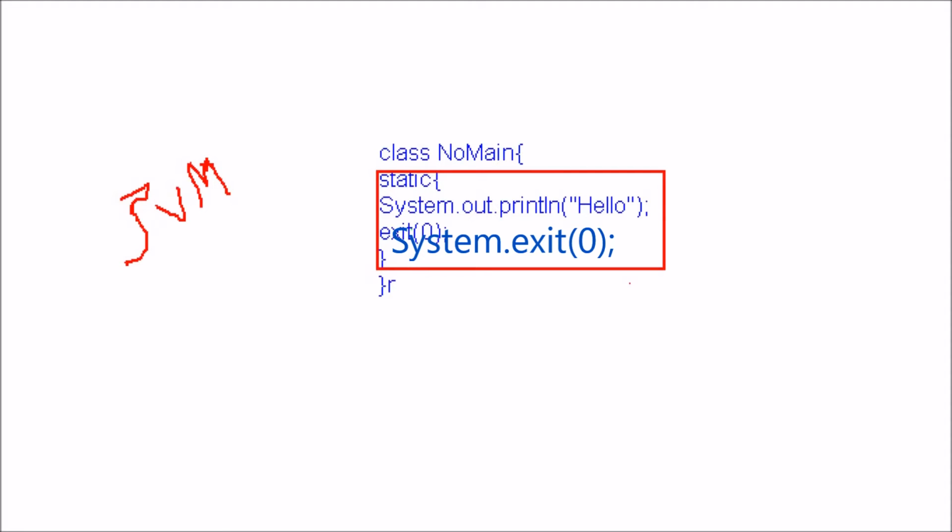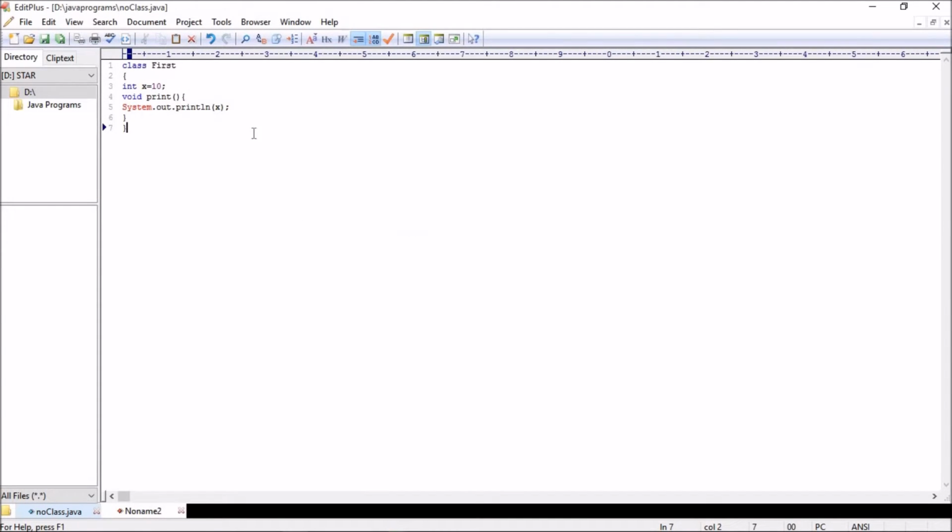After 6.0, JVM first checks whether a main function is there or not. If at all main function is not there, it will just raise a compilation error. Okay, now we will write our first program using main function.